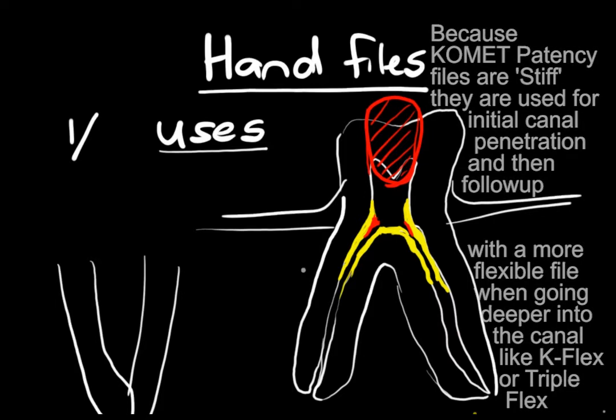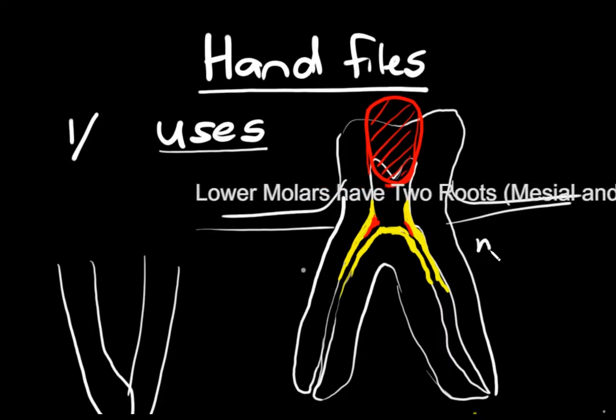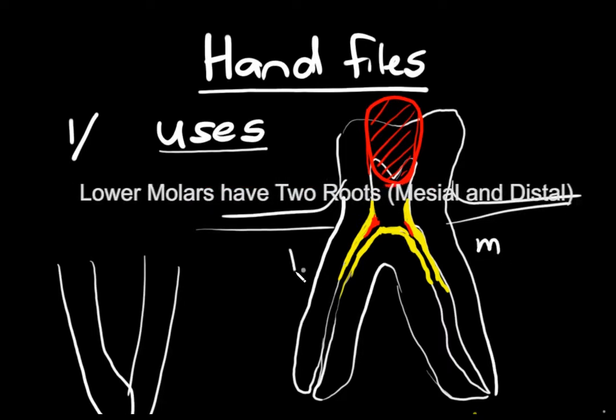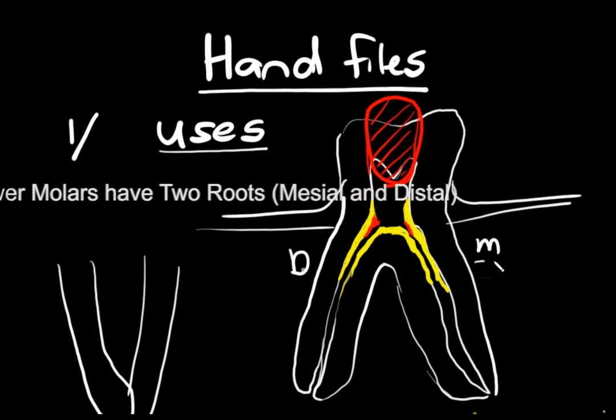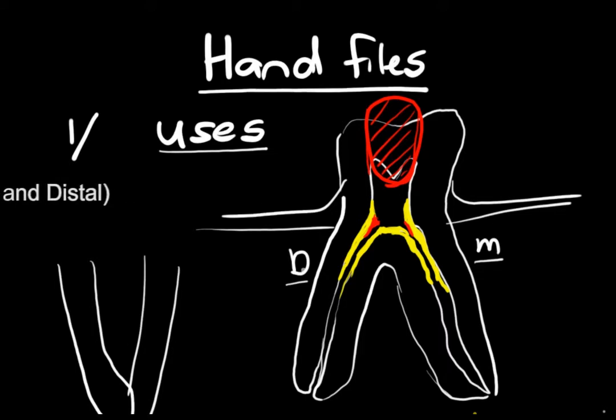So once you've entered the canal and found the canals in a lower molar, this will be the mesial root and this will be the distal root. So remember from the training previously that the mesial root has two canals. It has the mesiolingual canal and the mesiobuccal canal.